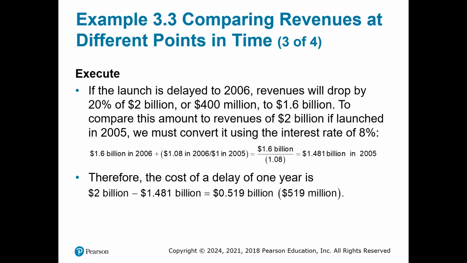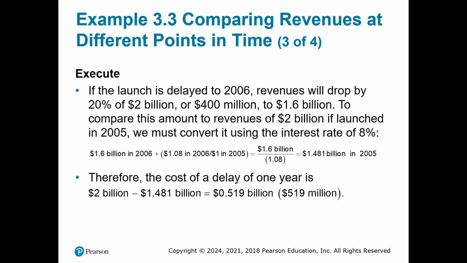Let's execute. If the launch is delayed to 2006, revenues will drop by 20% of $2 billion, or $400 million, to $1.6 billion. To compare this amount to revenues of $2 billion if launched in 2005, we must convert it using the interest rate of 8%.